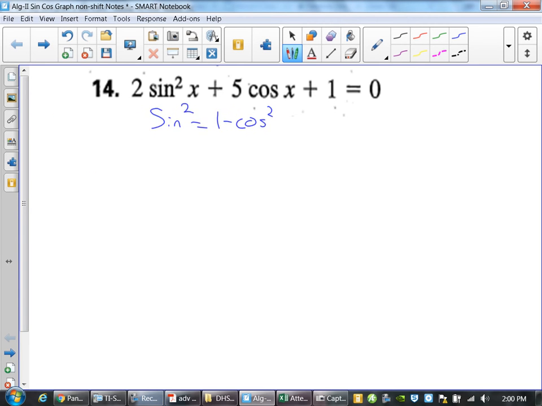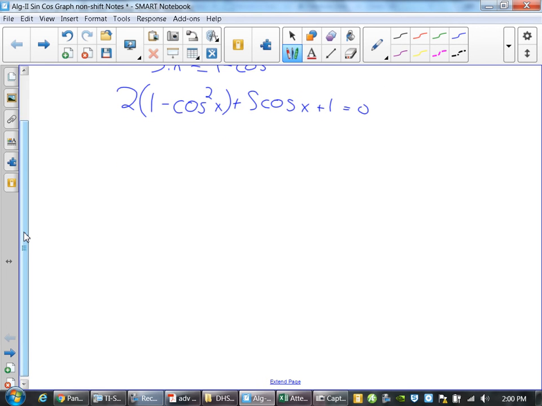So when I use this one, I get 2 times the quantity 1 minus cosine squared x, plus 5 cosine x, plus 1 is 0. Distribute through.